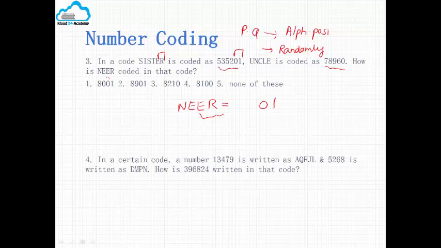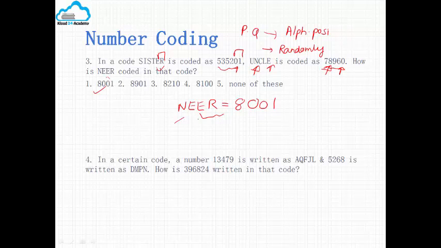So 01, I write it here. Now E is 0, as we can see from sister E 0 and uncle E 0. So E is 0. For N, we can check uncle, the second alphabet N, and the second number is 8.